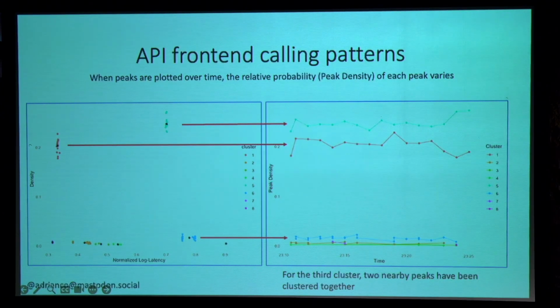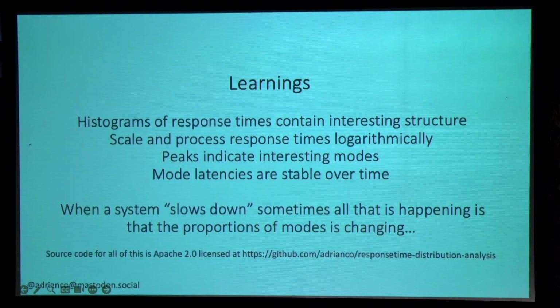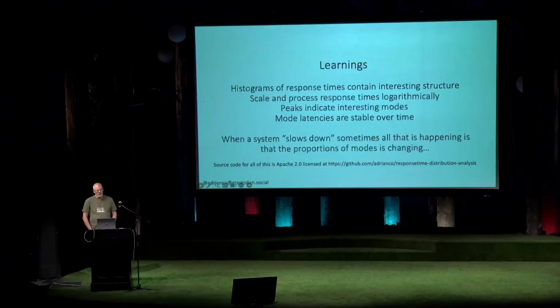All right. So what am I trying to teach you here? First of all, that histograms of response times contain a lot of interesting structure. If you're processing response times, it's really good to use the logarithms of them or a log-based histogram.